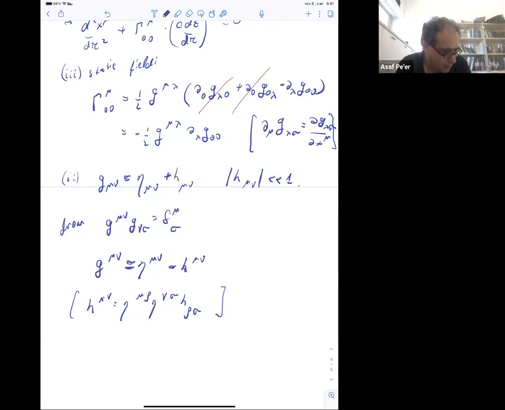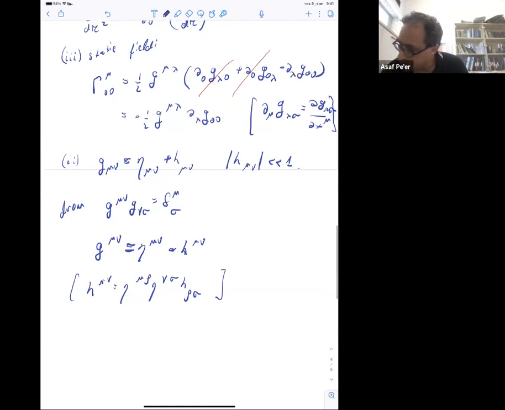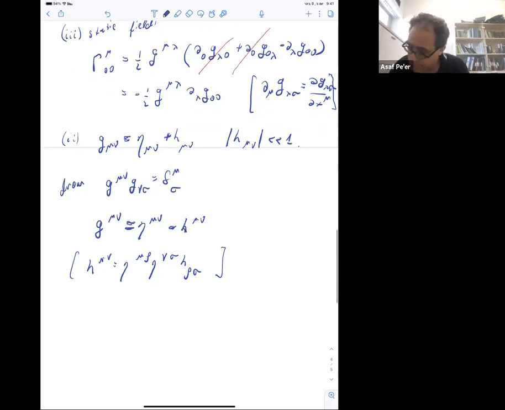Perfectly allowed here. So when I put this all together, I end up with gamma mu 0 0 is minus 1/2 eta mu lambda d lambda h 0 0. Since I have a derivative here and a small perturbation, that would give me a second order, so I can simply use eta mu lambda rather than g.